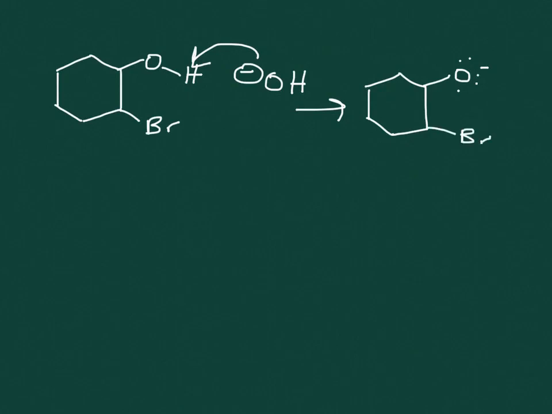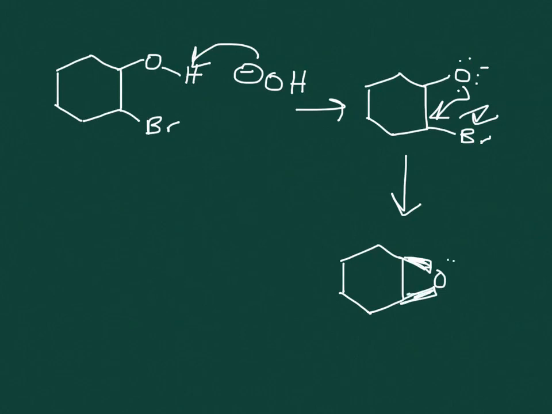The oxygen can then attack the electrophilic carbon and the bromine leaves. And this results in the formation of an epoxide.